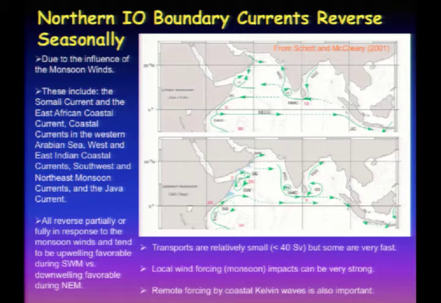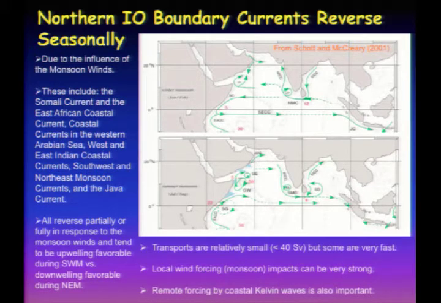The biggest one is the Somali Current, order 30 sverdrups, but still, these aren't huge currents. But some of them, like the Somali Current, are very fast. As we all know, as what we've seen, the local wind forcing is very important, especially associated with upwelling favorable winds during the southwest monsoon, but also remote forcing impacts by coastal Kelvin waves are very important in the northern Indian Ocean.